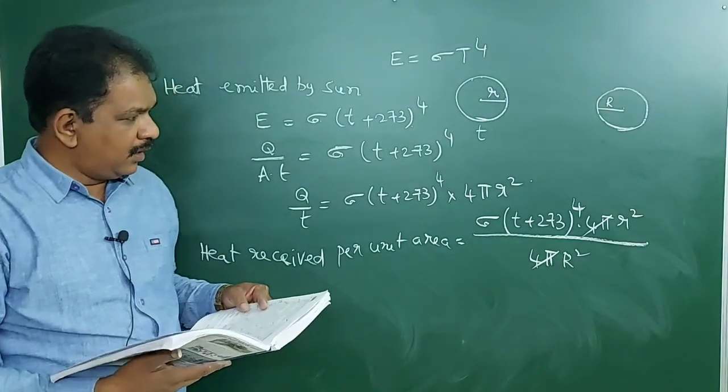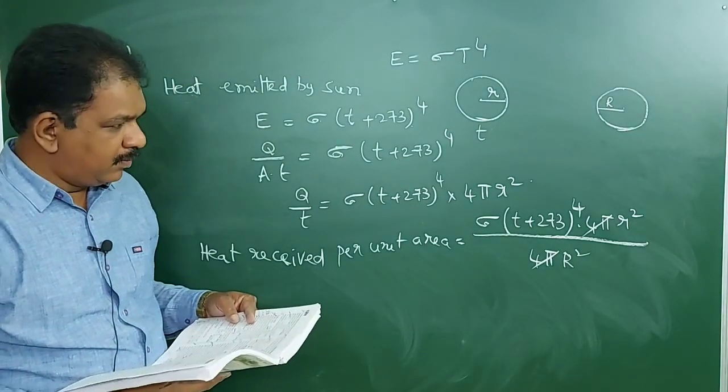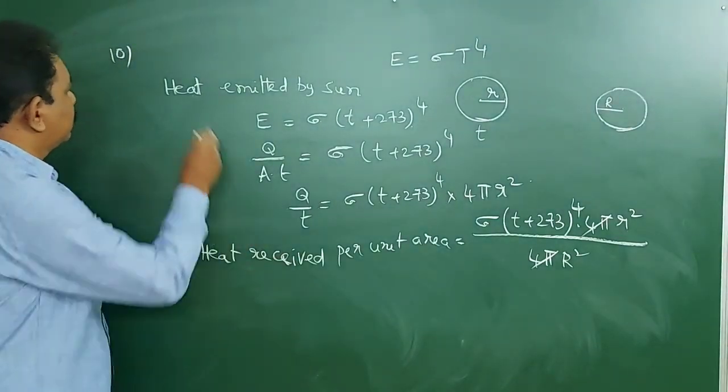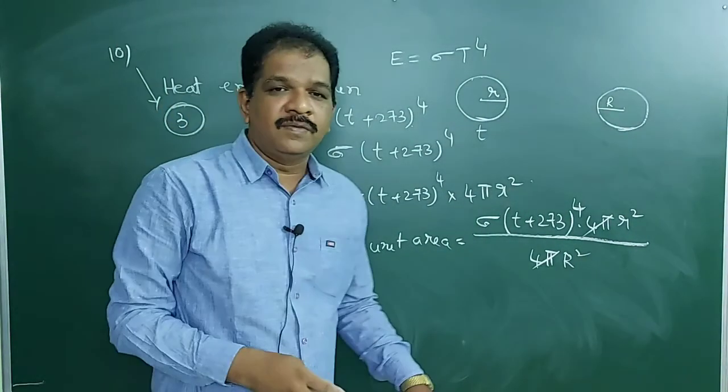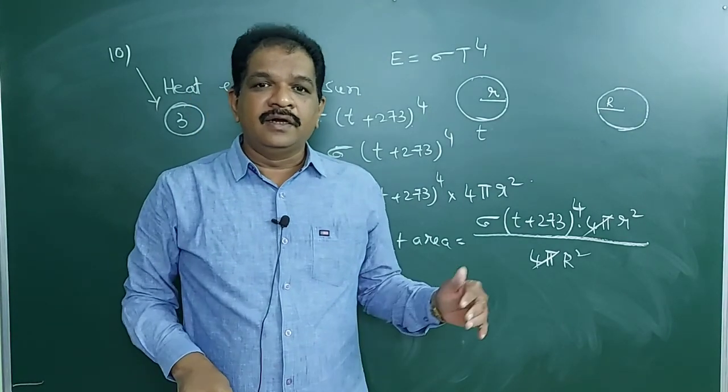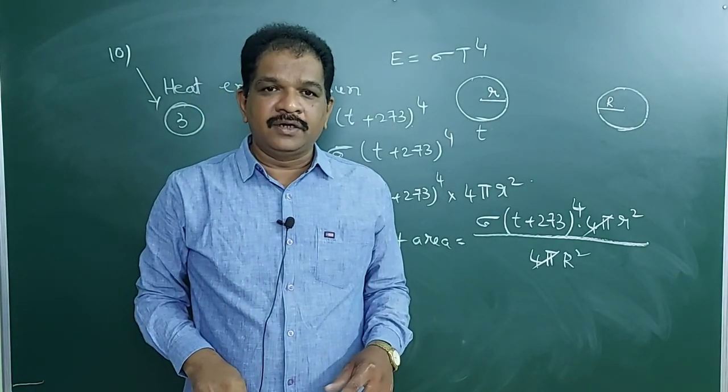So r square sigma T power 4 by R square, so this will be third option. 10th question, it will be third option. With this we will stop this lecture, and in the next class we will continue the remaining.